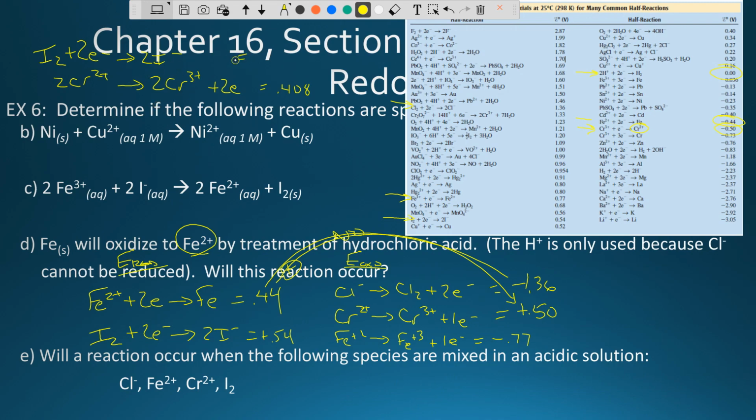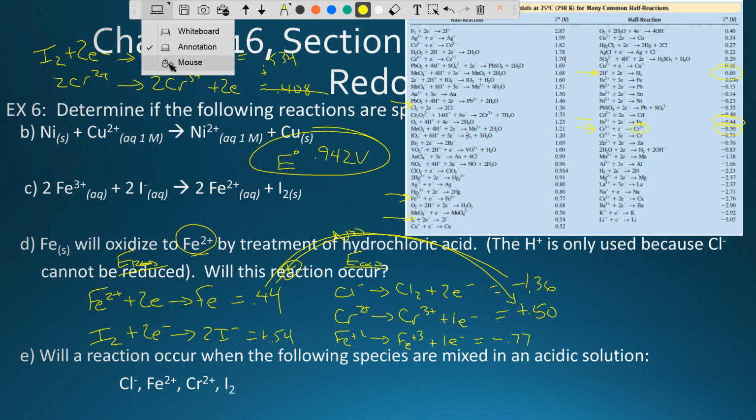And this one ended up being a 0.534. Okay, if I do that, I end up with a total scenario of 0.942 volts. There, I've got to add them all up in there. Those are the only combinations that are going to be producing a positive E value. And so there's what's going to happen when I mix all those things in the acidic solution. Whew, that's a lot of stuff.